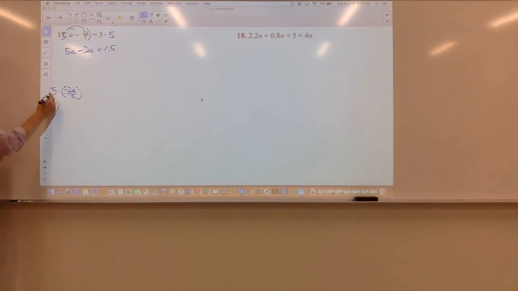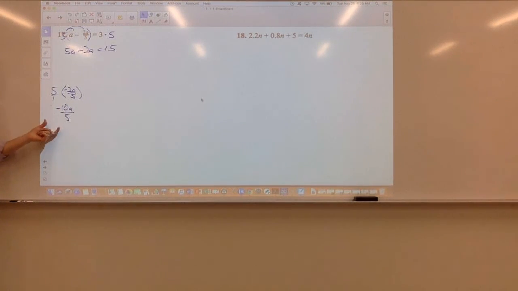So, let me do this a different way. Instead of canceling this out, let's actually do this multiplication. To multiply fractions, you multiply the numerators and multiply the denominators together. So 5 times negative 2a is negative 10a, and 1 times 5 is 5.